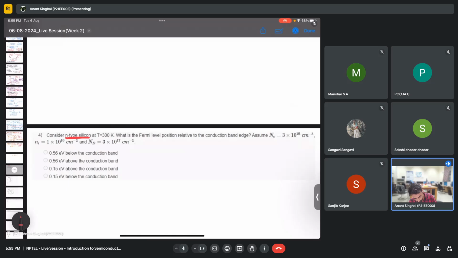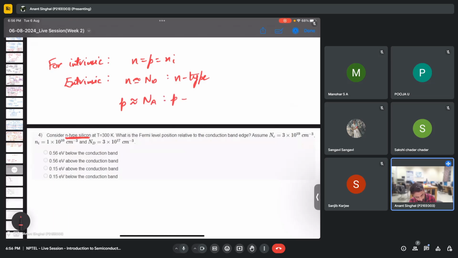I'll write for intrinsic again: we have N and P as Ni. For extrinsic, we have N as Nd if it is an N-type silicon, and for P-type, we have P as Na.